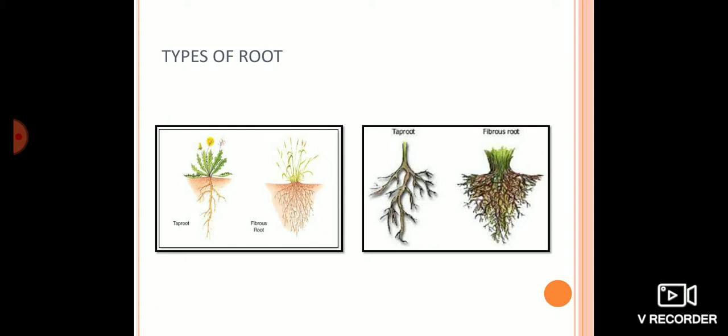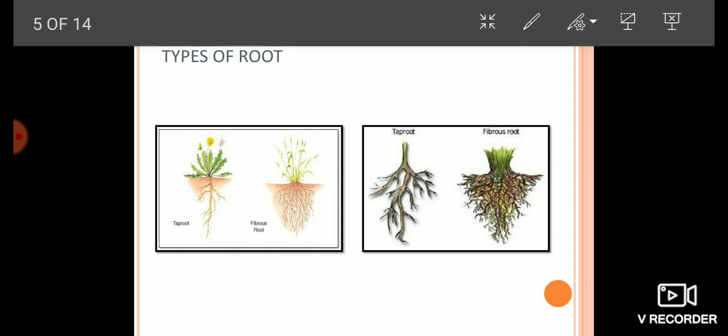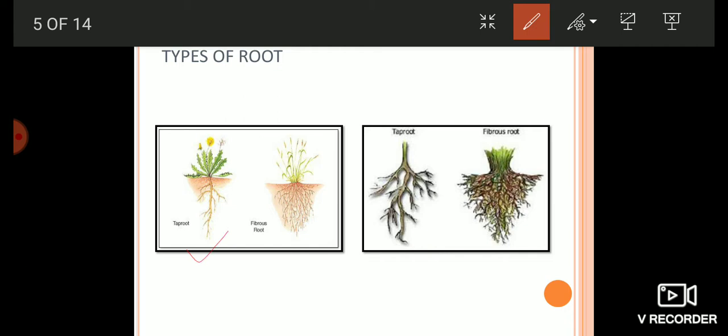This is a type of taproot. Here also taproot. So in this picture you can see the main prominent long root, and there is the presence of hair-like structures or small roots or side roots called lateral roots.